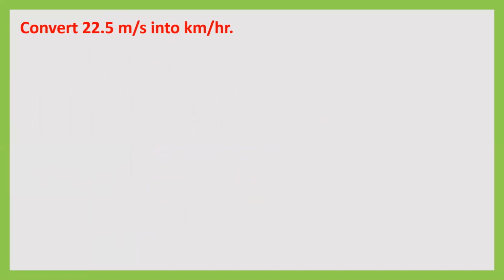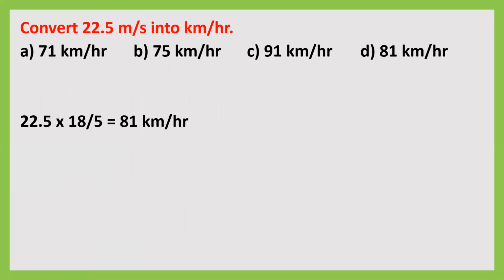Suppose you are asked to convert 22.5 meter per second into kilometer per hour. The general method is to multiply by 18 by 5 to get the answer 81 kilometer per hour. But you can solve it very easily by just adding 54 and 27. How 54 and 27?